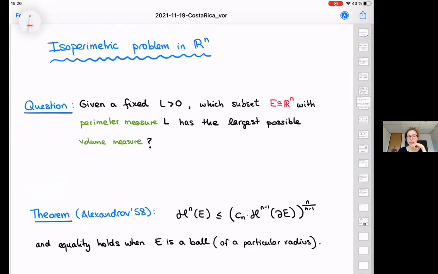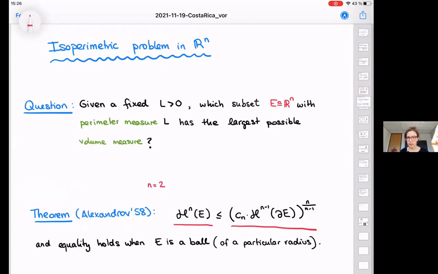This thing here is the formulation from Alexandrov in '58, which is the isoperimetric inequality in general. So you see here we have the n-dimensional Hausdorff measure of E is less or equal than some constant, which depends on n. If we look at this in n equals 2, what is this?